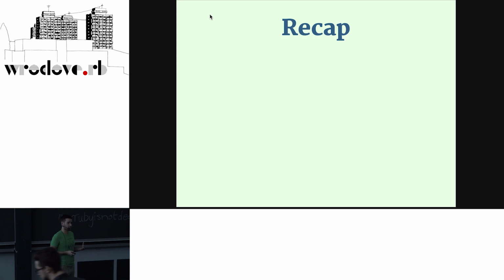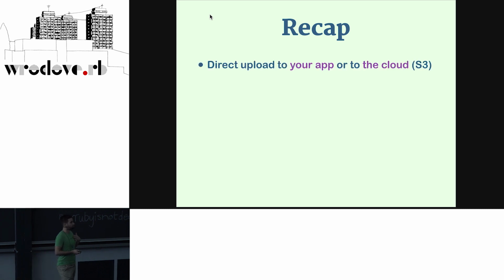So to recap, direct uploads: the simplest way to do it is just an endpoint on your app, but you can also do it directly on S3 or another cloud storage service. This usually provides better UX and performance.